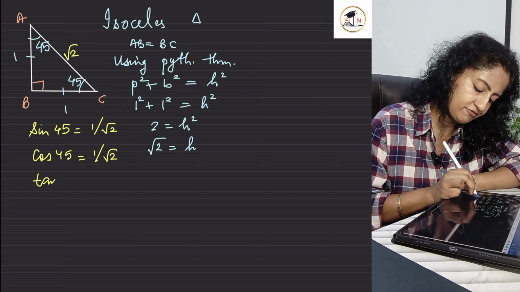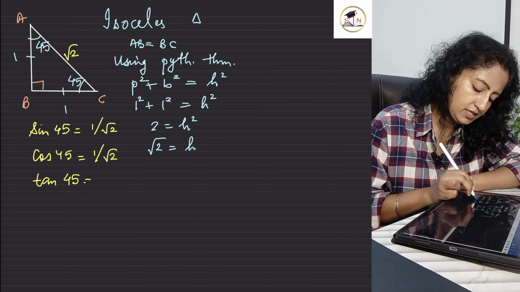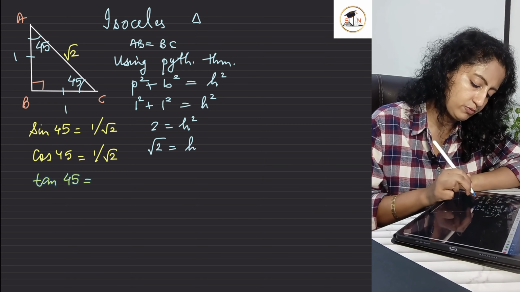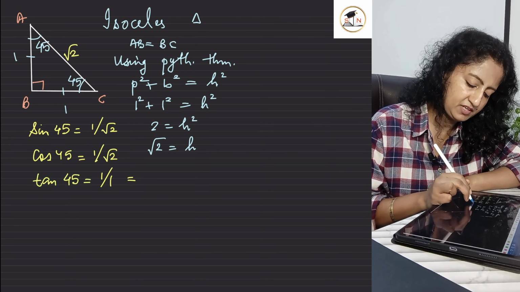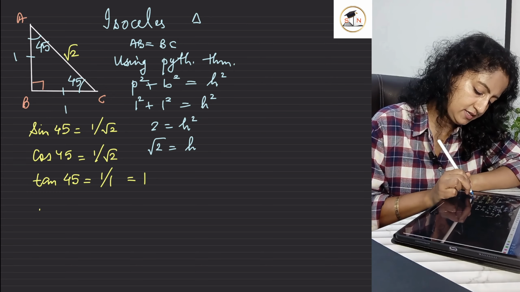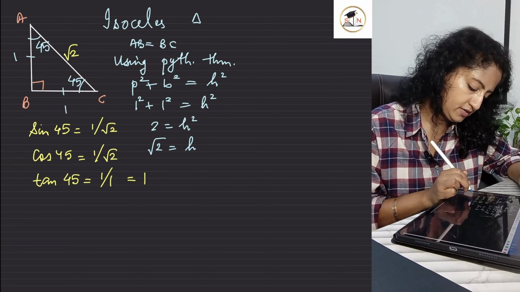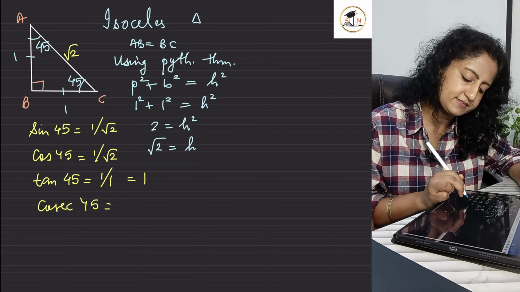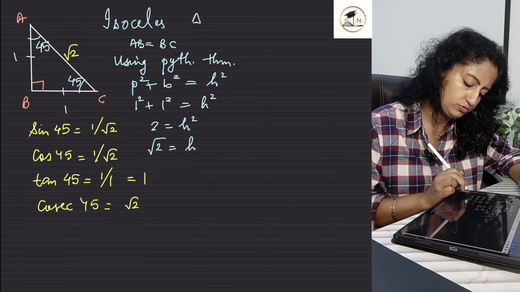Next, tan 45. Tan 45 क्या होता है? P by B, perpendicular over base. What we can see, it is 1 by 1, hence just 1. Next 3. So I will write cosec 45, reciprocal of sine. So it is root 2.